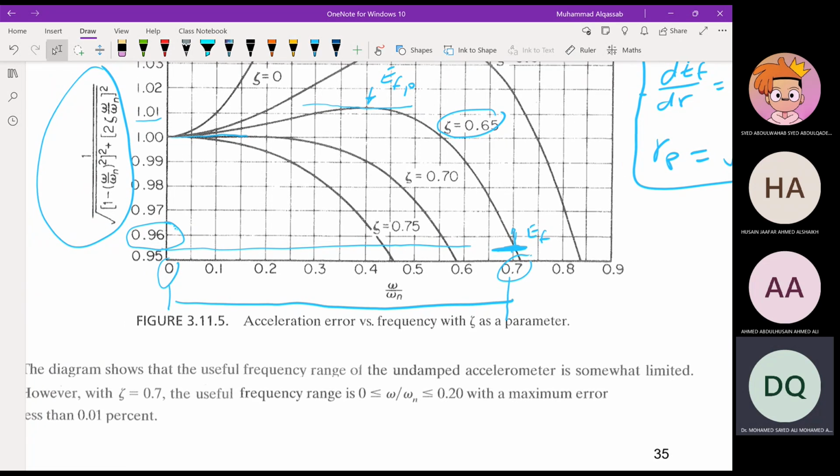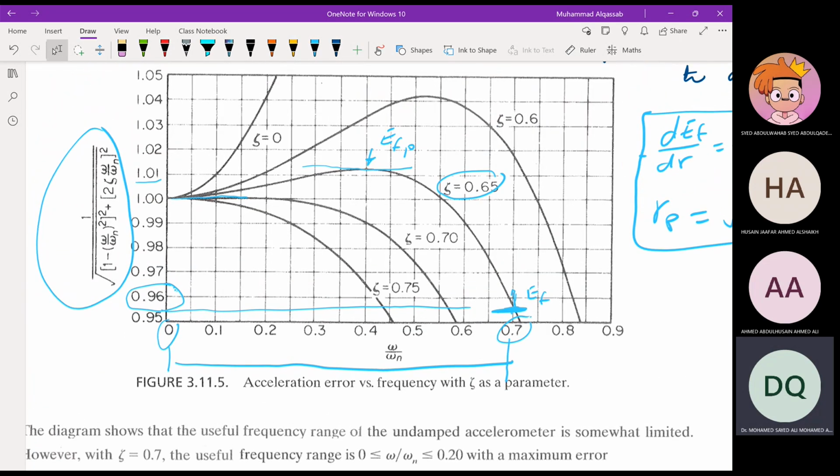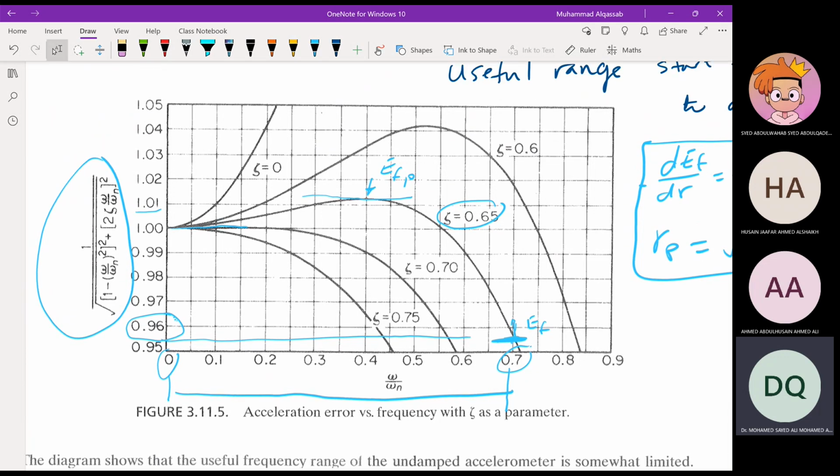Here, as you can see, there are curves for different values of zeta: zeta equal to 0, zeta equal to 0.7, and also 0.6.